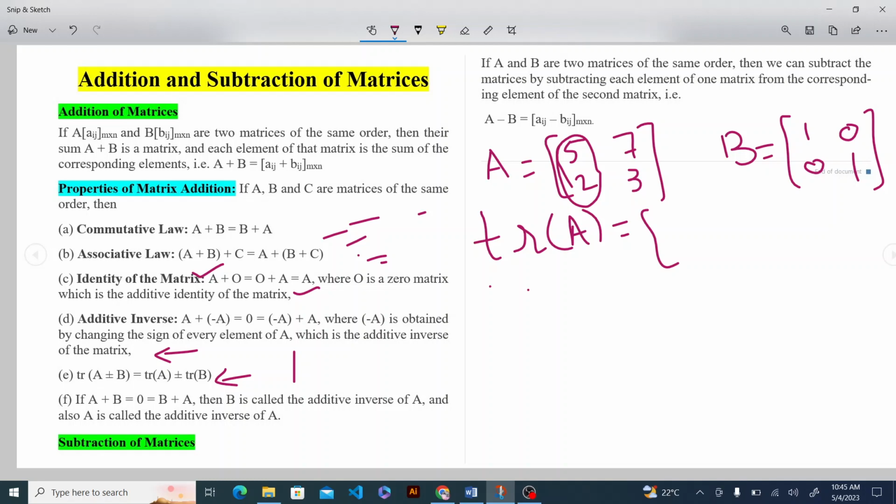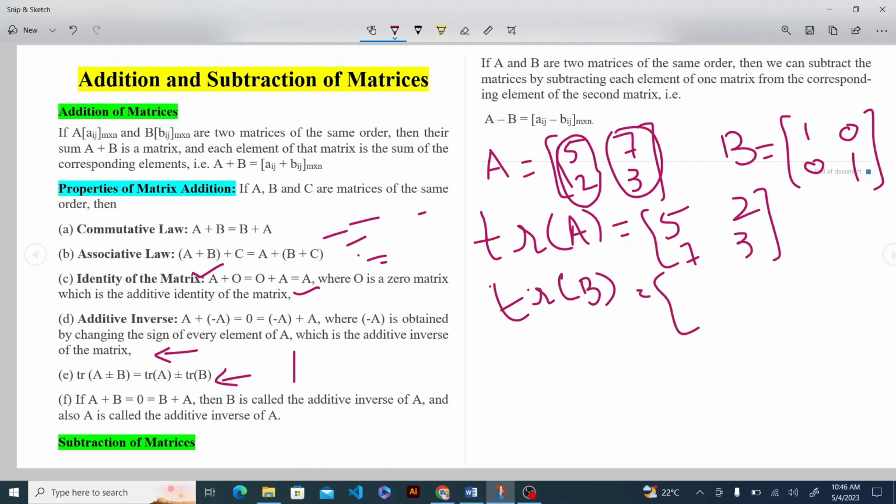Like 5 2 is the column, so we'll write 5 2 as a row, and 7 3 is the second column, so the second row will be 7 3 for the transpose. Okay, and for the transpose of B, it will be 1 0, because the first column will be the first row of the transpose, and 0 1. Okay, so this is the transpose.